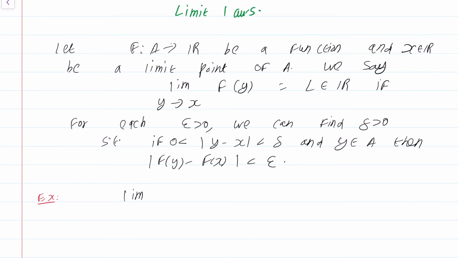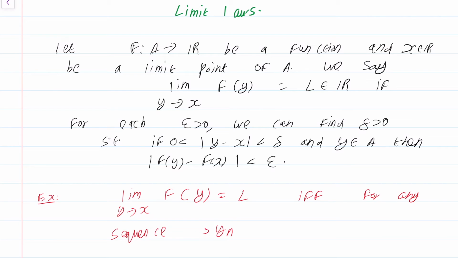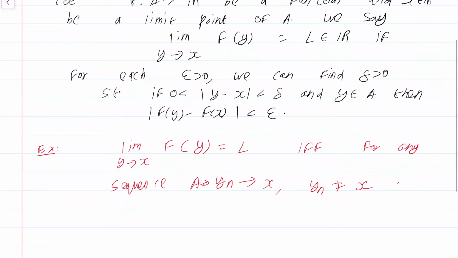The limit as y going to x of f of y is equal to L if and only if for any sequence yn in A converging to x and yn is never x, then f of yn converges to L.